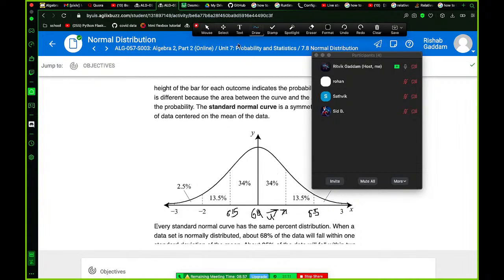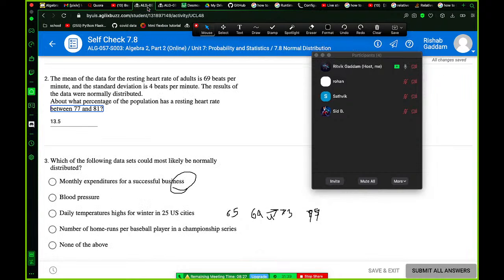Okay, looks like I'm just done. So that's 73, and then 73 plus 4 is 77. So obviously I was wrong before also. It's gonna be 2.5% of the population, because this is 77, and then presumably this is gonna be 81, because 77 plus 4 is 81. So yeah, the answer is 2.5% of the population.